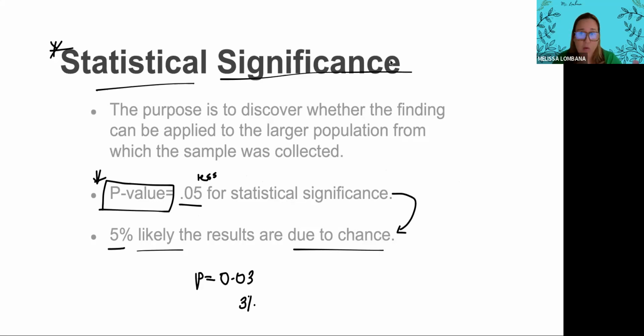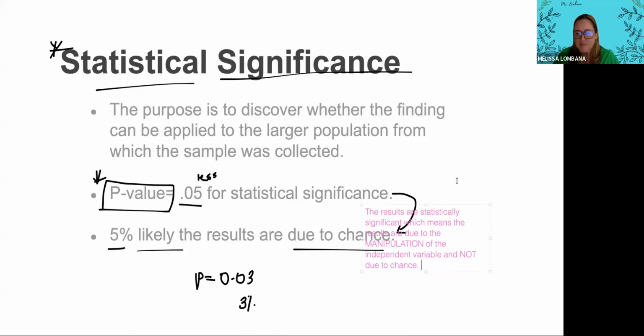You could also say, and I want you to write this down, please, because there are different ways of saying it: when they ask you, is it statistically significant, you would say the results are statistically significant, which means the results are due to the manipulation of the independent variable and not due to chance.